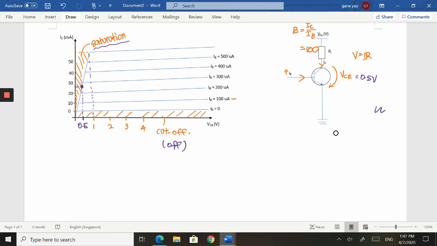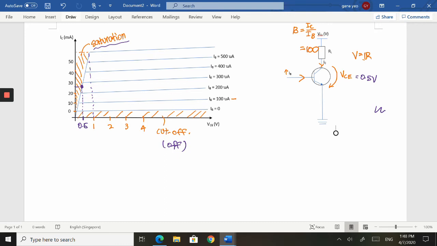Another thing that you have to know about this is the load line. Now, this gets a little bit complicated, but first let's find out how a load line comes about. I'm going to follow this branch of line here.